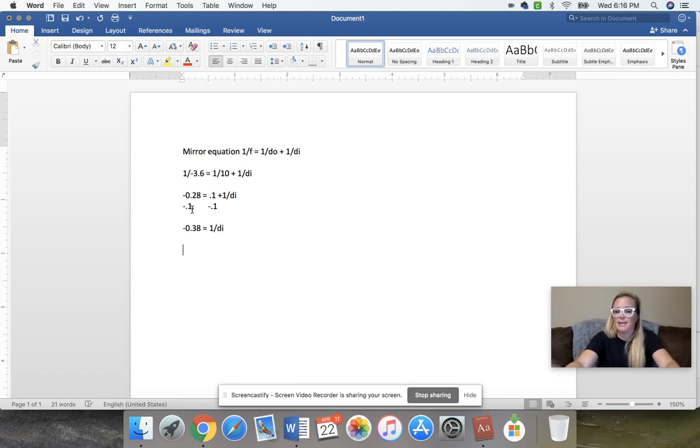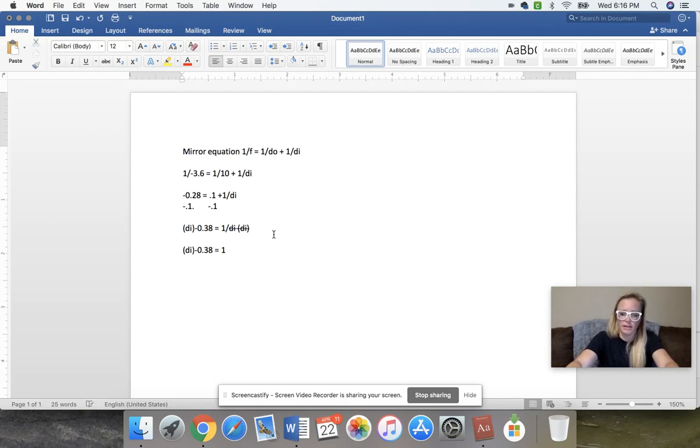Now to get di out, I need to multiply both sides by di, because it's on the bottom, and whatever's on the bottom, get it out from the bottom. Then those two end up canceling out on that side, which leaves me with di times negative 0.38 equals 1.